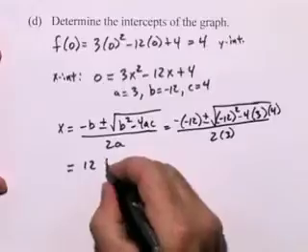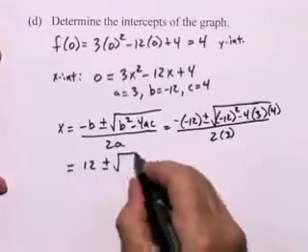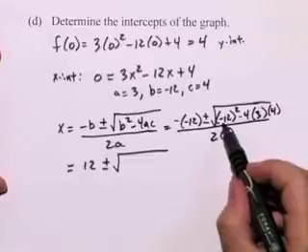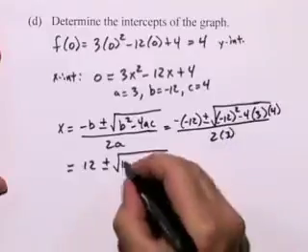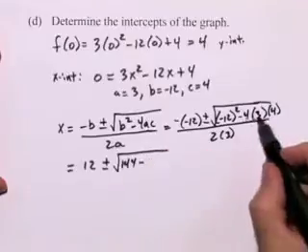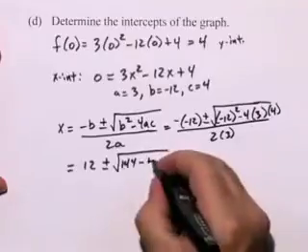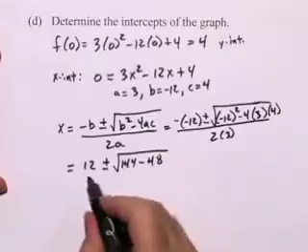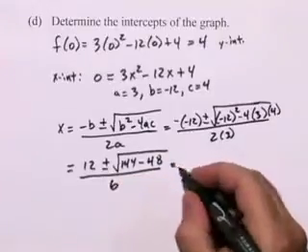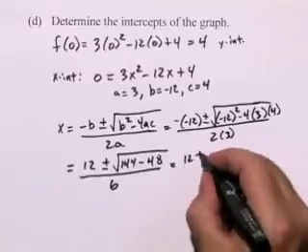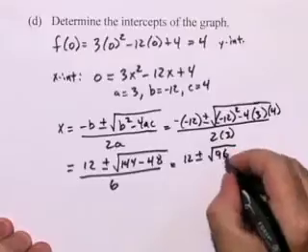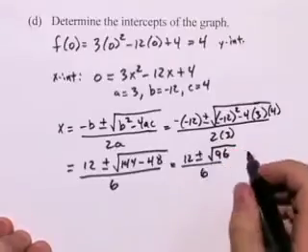So that gives us 12 plus or minus the square root of, now here we pay attention, we're squaring the negative 12, so that gives us a positive 144, then minus 4 times 3 is 12, 12 times 4 is 48, so we get 144 minus 48, all divided by 6. So we'll have 12 plus or minus the square root of 96 divided by 6.